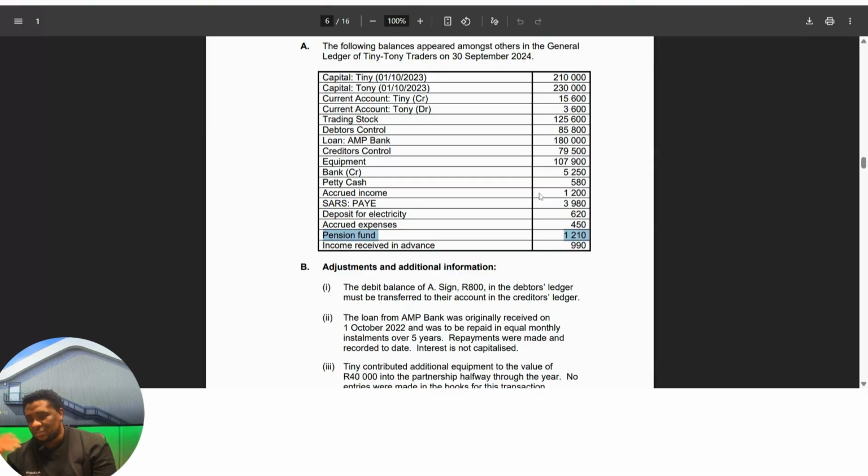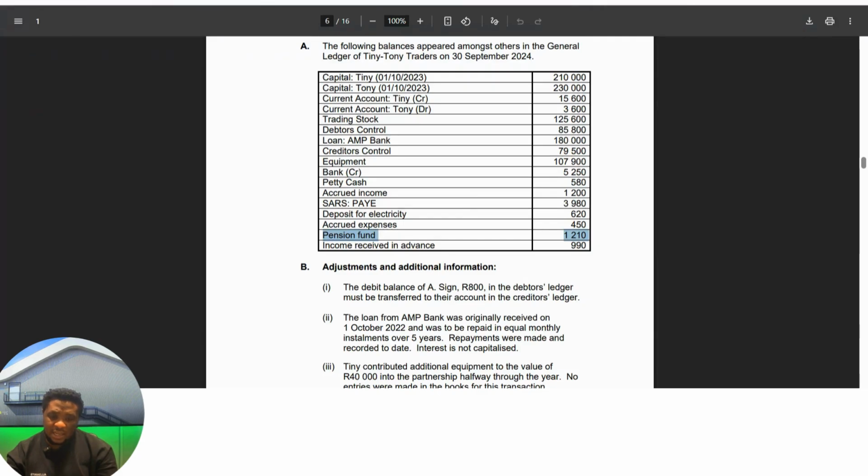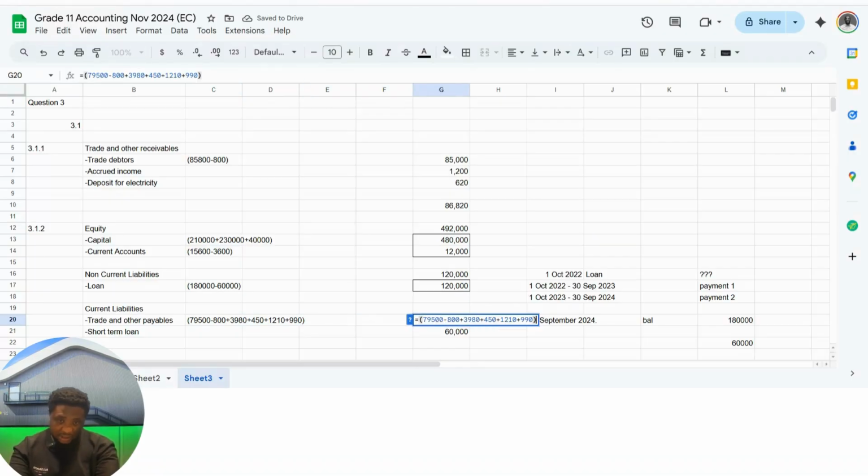Again, you would deduct money from your employee for pension fund, and then you have to owe that money to the pension fund company. So in that case, we would add another payable, which is 1,210. And then finally, we have income received in advance, which also forms part of our trade and other receivables. And so we'll also add up the 990, close the bracket. And then we can see that it would work out to what? 85,330.